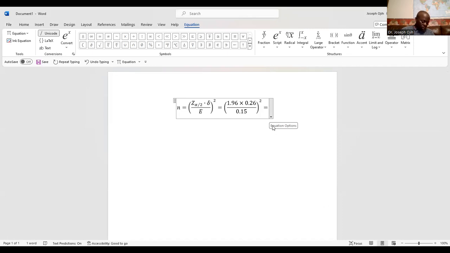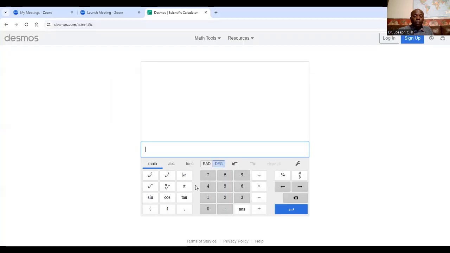1.96 times 0.26 over 0.15, squared. Going to the calculator, we'll have 1.96 times 0.26, divided by the error of 0.15.